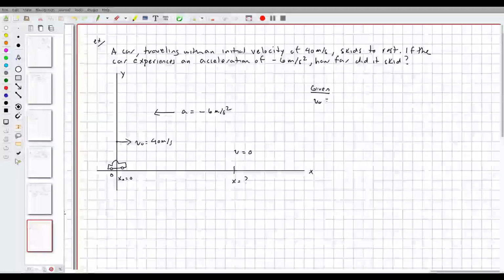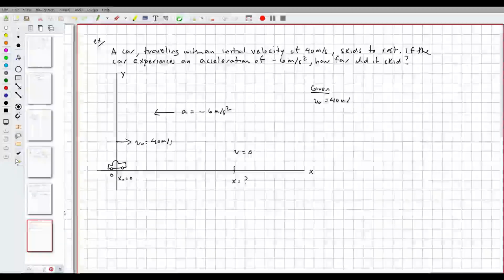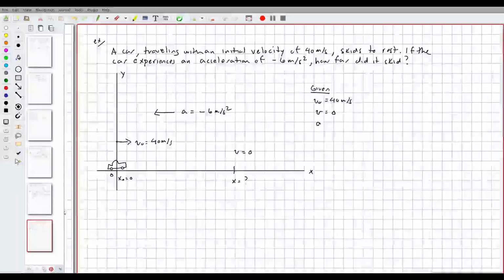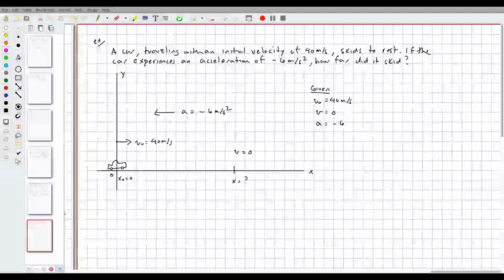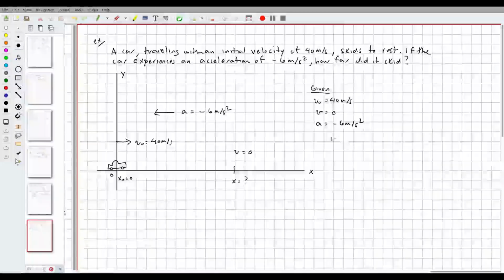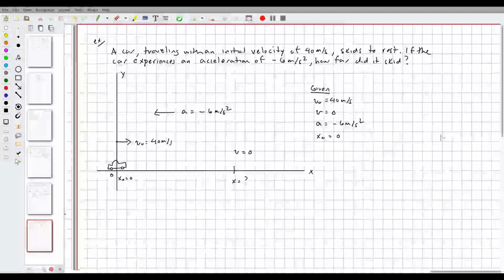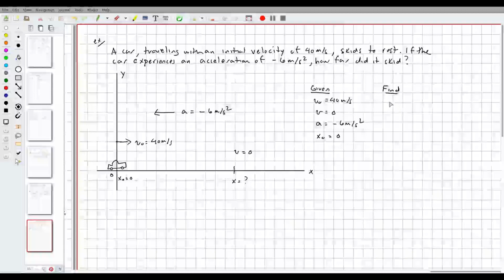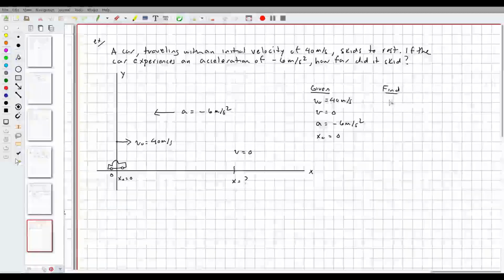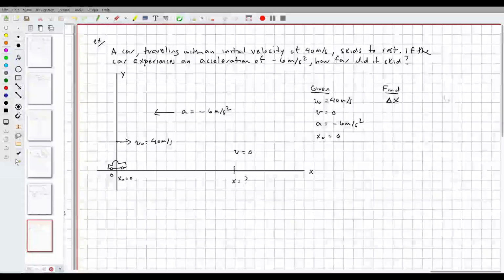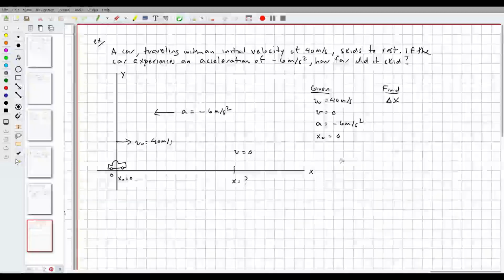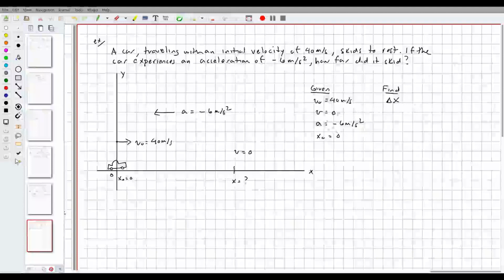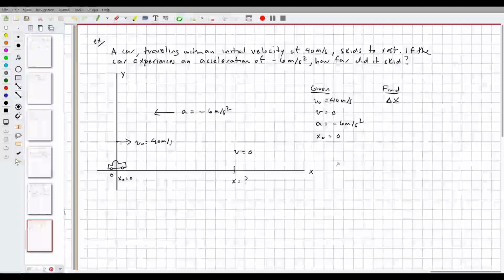So what we've been given here is an initial velocity of 40 meters per second, a final velocity of 0, an acceleration to the left of 6 meters per second squared, and an initial position of 0. What I'd like to find in this particular case is just how far it skidded. We'll write displacement. The next thing you do is to write your equations down and then simplify based on the information that we know.